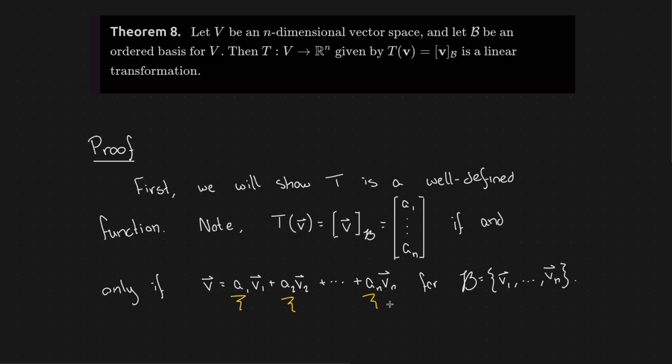Okay? a1 to an, that's the components of the coordinate vector.